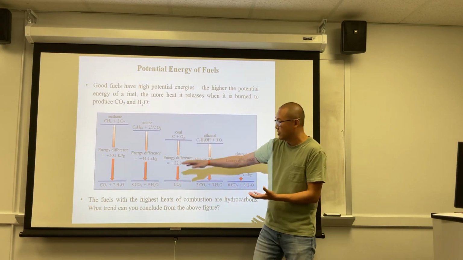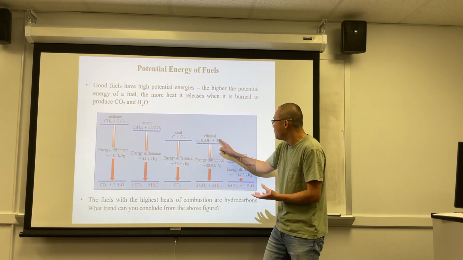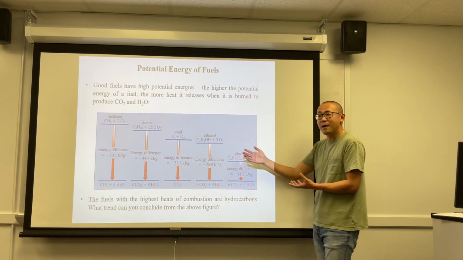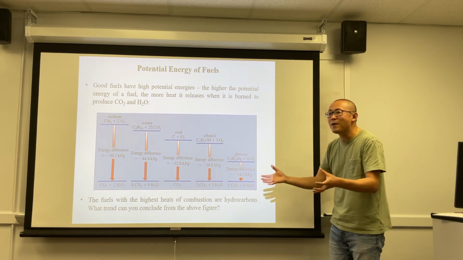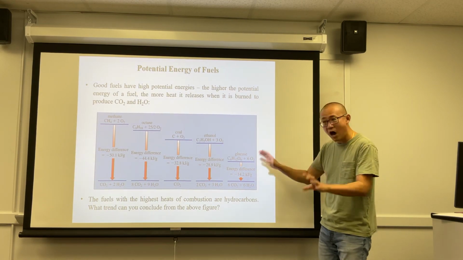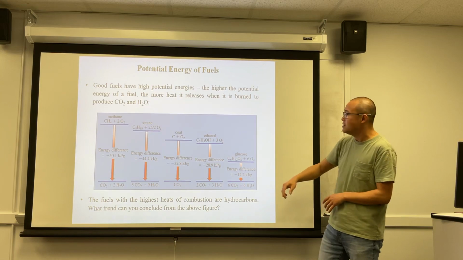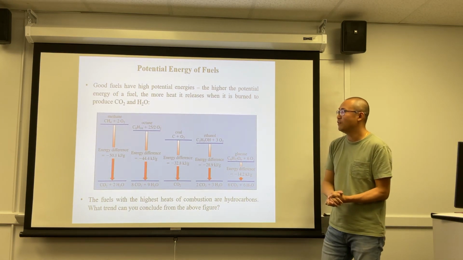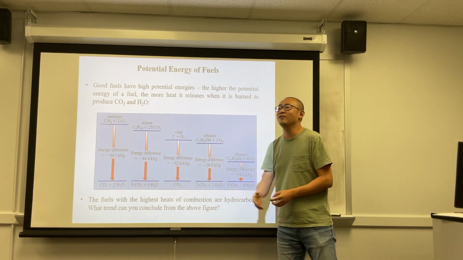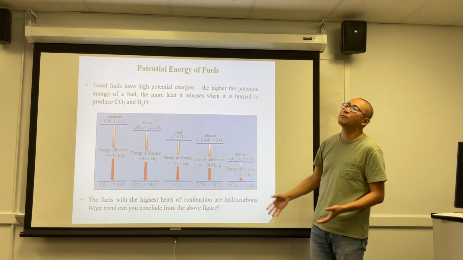Eventually, all the elements are going to combine with oxygen. But if a fuel already contains oxygen, it is already partially combined with oxygen, partially oxidized. Because of that, fuels with oxygen have lower potential than fuels without oxygen. So these are things we can summarize from this chart.